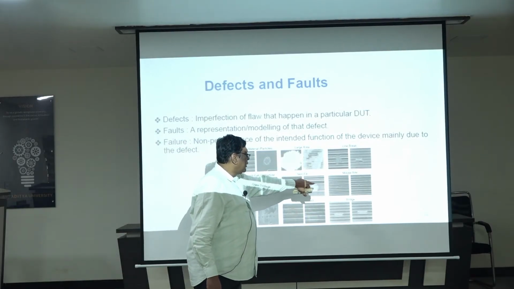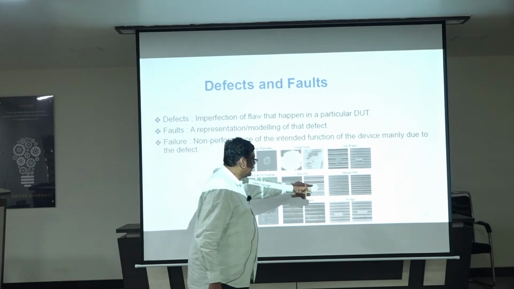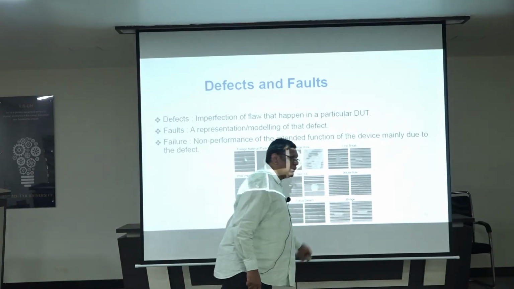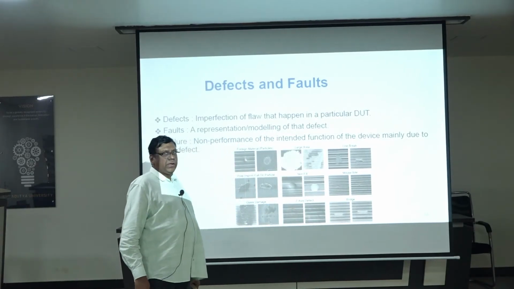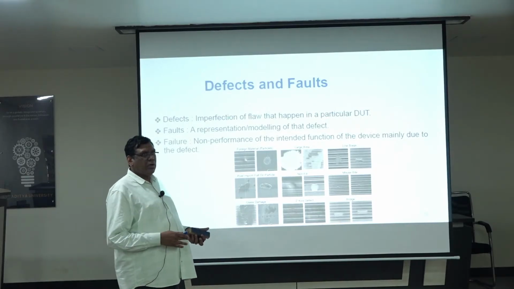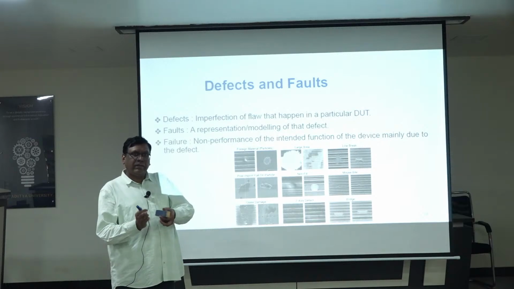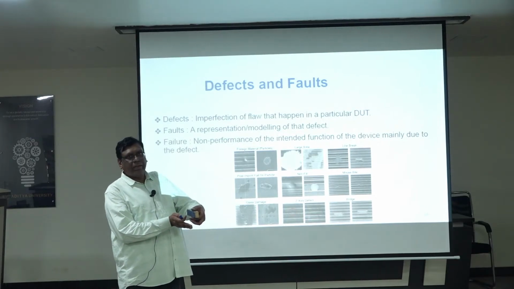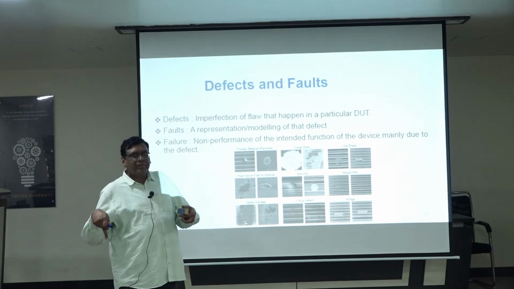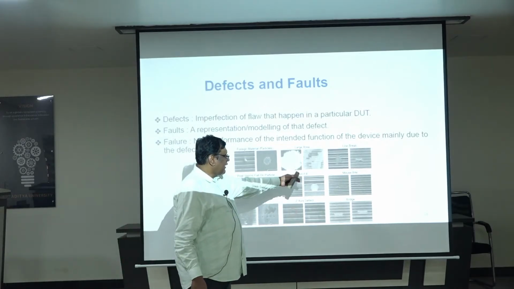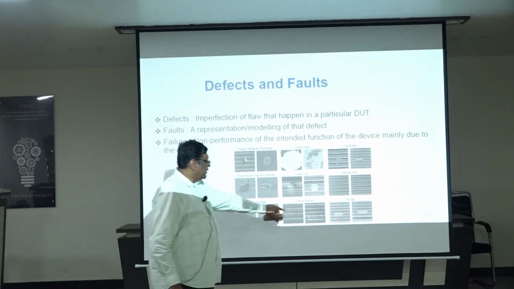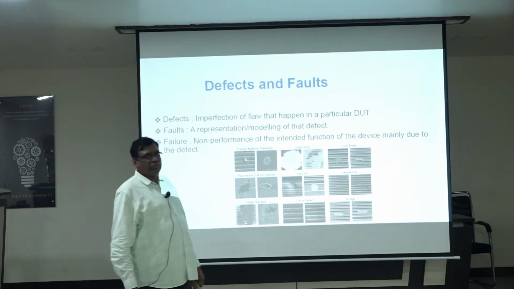Here is a mouse bite, that means a small portion of the metal will be cut. Like on your roads, they will cut it and beside that they will lay the road. That we will call a mouse bite. Another one is a bridging type. That means two metals will be shorted.